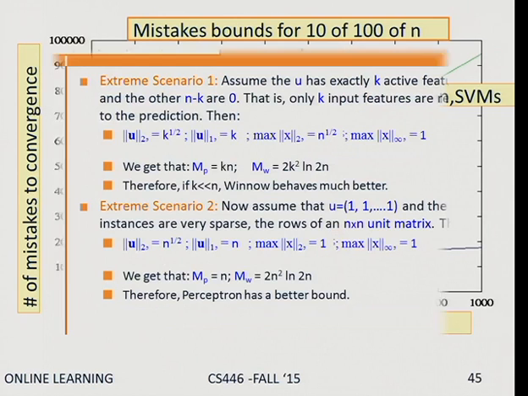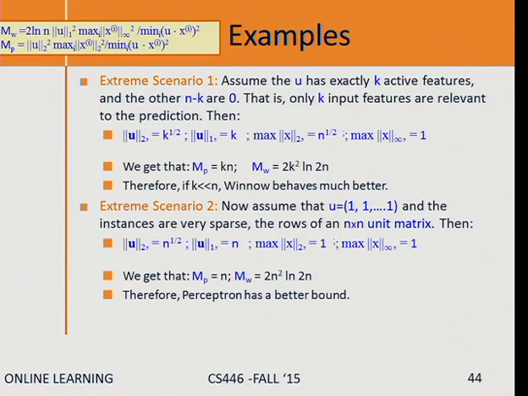And as we showed in the previous slide, if you look at this more carefully, what I argued is that if it so happened that your instance space is such that very few examples are on, this is extreme scenario number 2, then perceptron is going to do very well. On the other hand, if the examples are dense, keeping everything else the same, a lot of bits are on, then Winnow is going to do better.